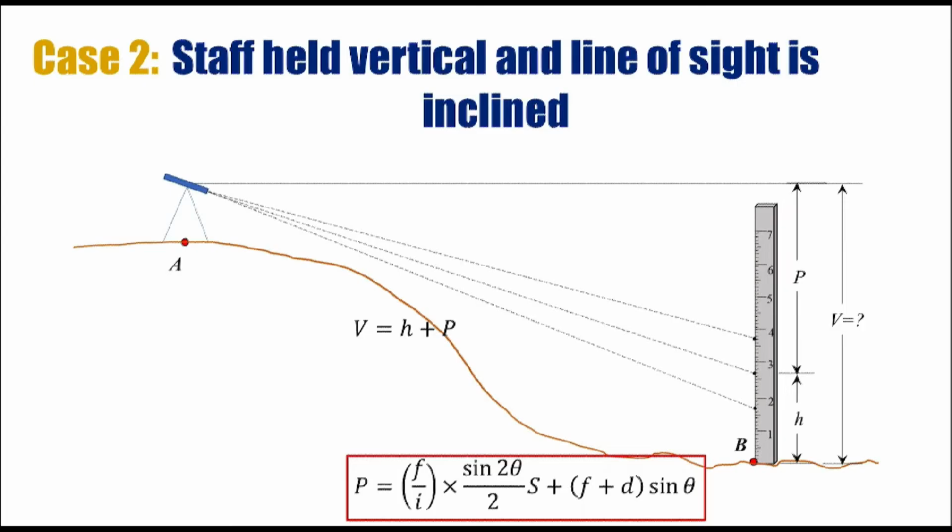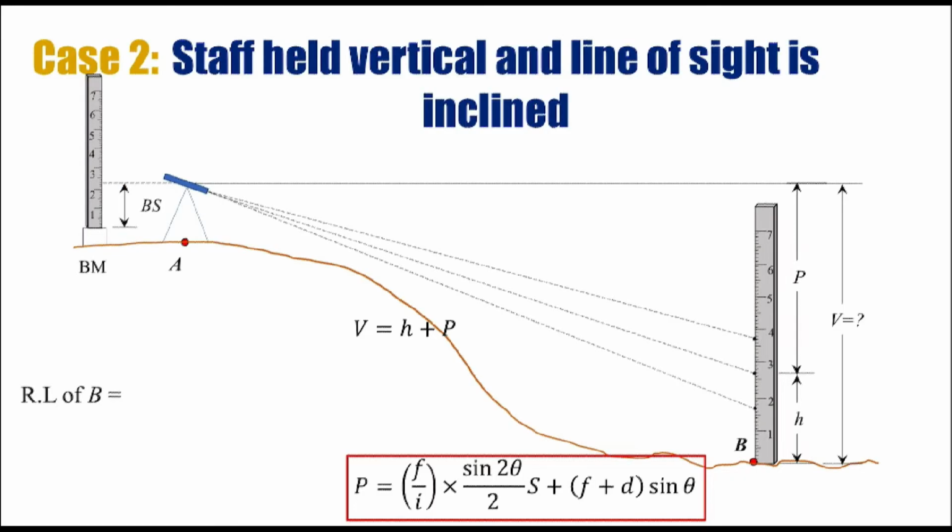Now in some cases it is also required to calculate the reduced level of point B or A. For that we should know a point where the reduced level is known, and that is the benchmark. So let's say that the benchmark is over here, and to proceed further we need the staff reading at the benchmark. Let's place the staff at the benchmark, and take the staff reading at the benchmark as backside.